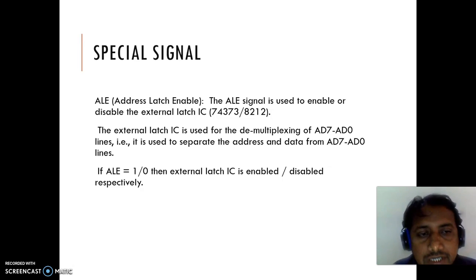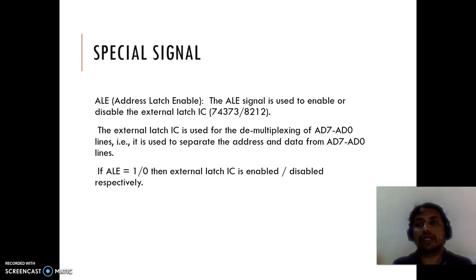There is one more special signal, the address latch enable signal, which is used to give the address to the latches connected to your microprocessor, and through these latches it is connected to each of the peripherals, whether memory or IO devices.